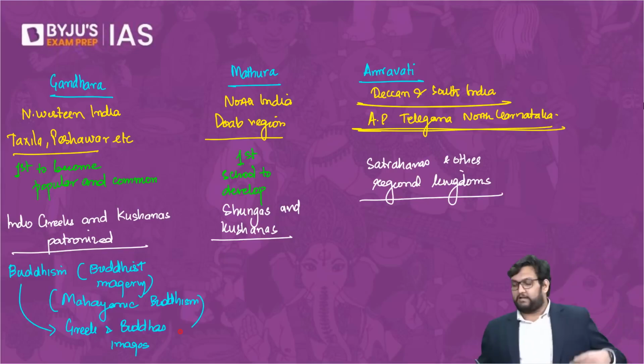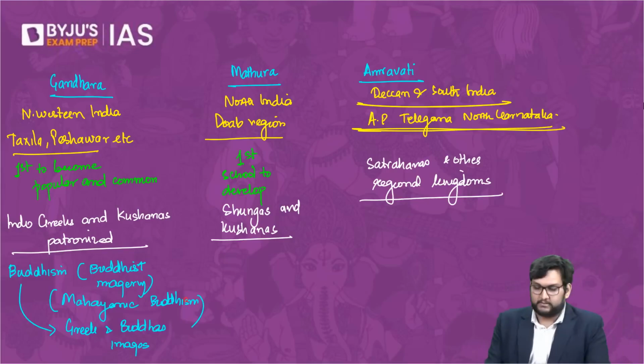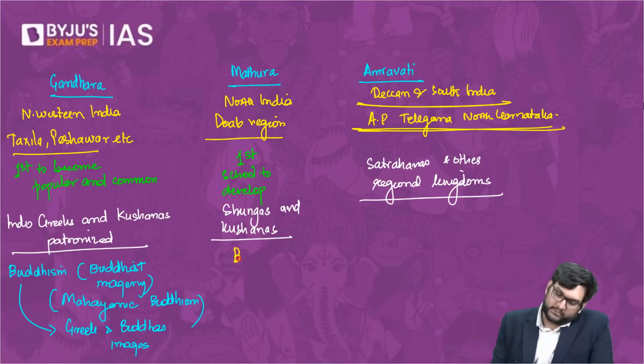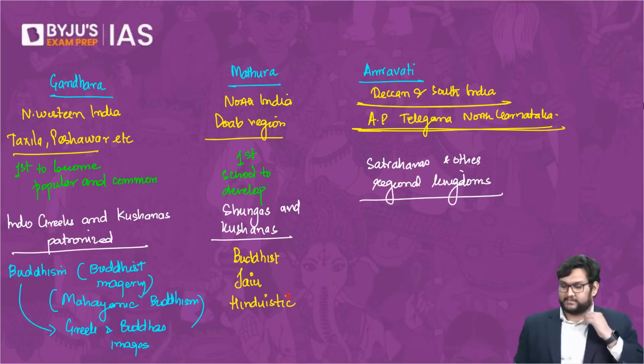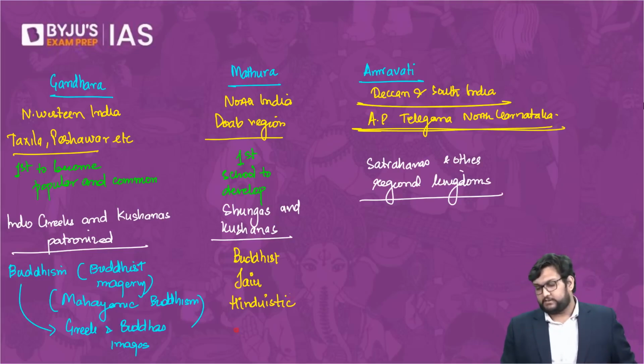Whilst on the other hand, Mathura is Buddhist, Jain, Hinduistic, and last but not least, secular imagery or related to political images.